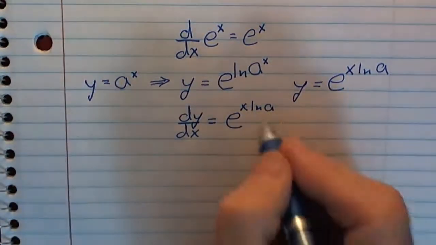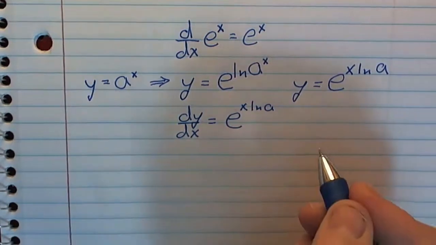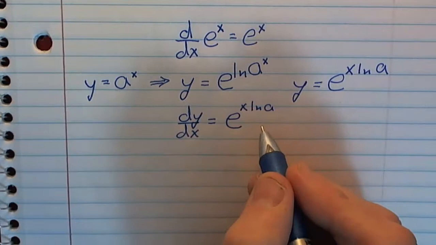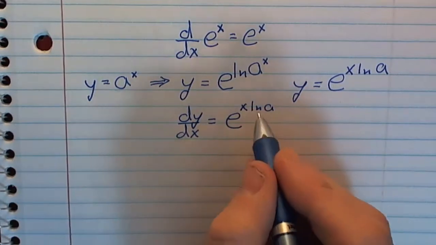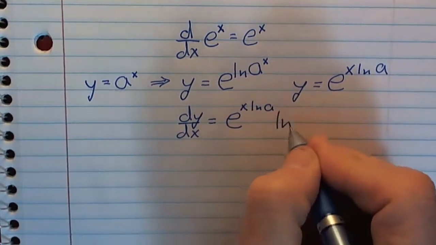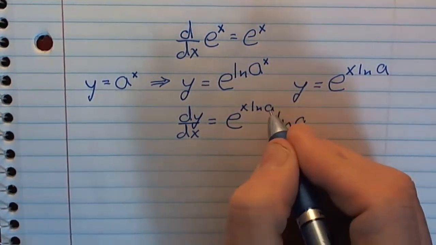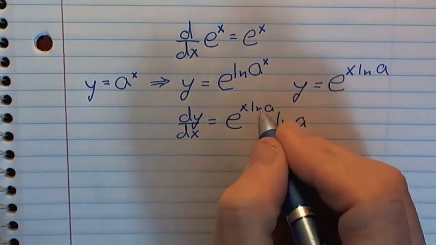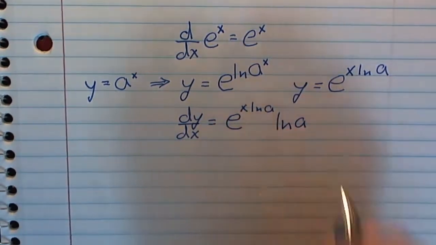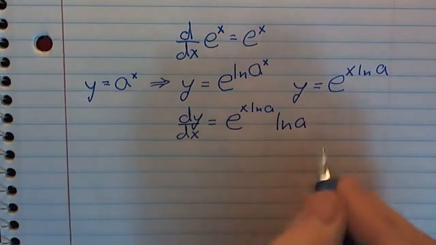Well, log a is just a constant, so this is just like taking the derivative of 2x. It would just be 2. Well, log a x is just going to be log a. It's just like the derivative of 3x is 3, the derivative of 4x is 4, the derivative of log a x is log a. So here's what we have so far.